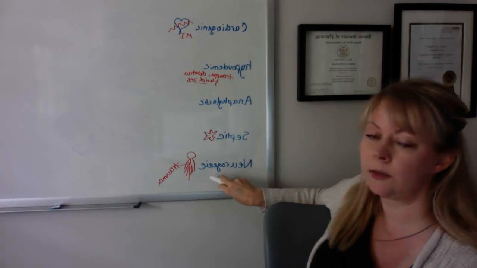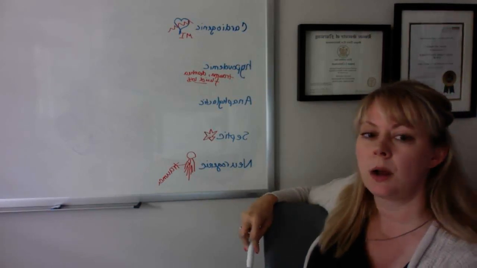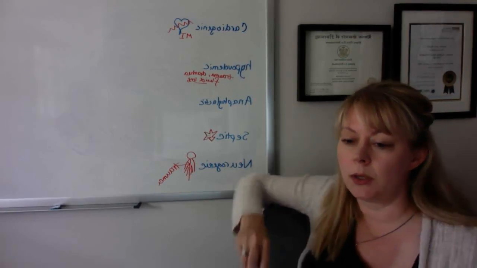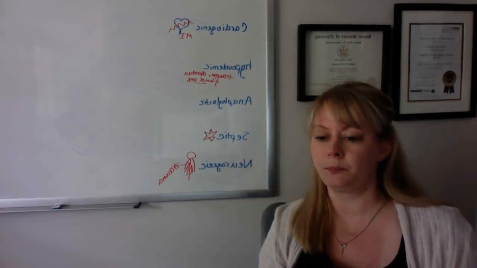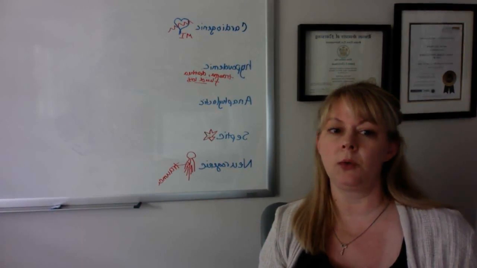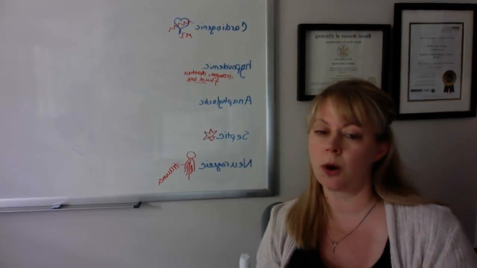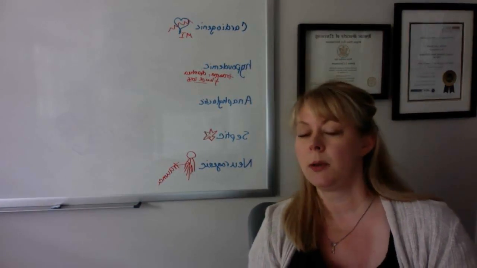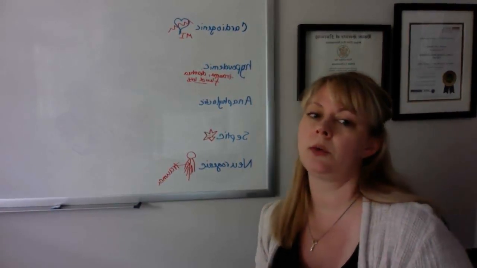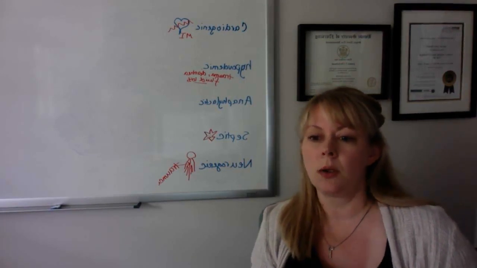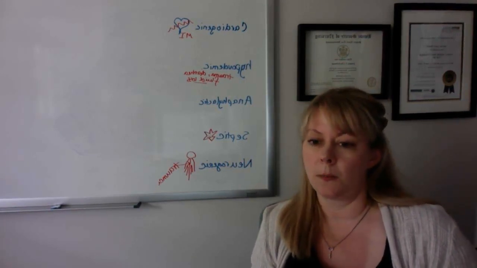And then neurogenic is a lot of times from trauma, C and T-spine fractures. It's really common for that. Now, obviously, you will see these anywhere in the hospital. You will see trauma more in the emergency room, but any of these other types of shocks you can see everywhere. That's why it's so important to really know what these are.